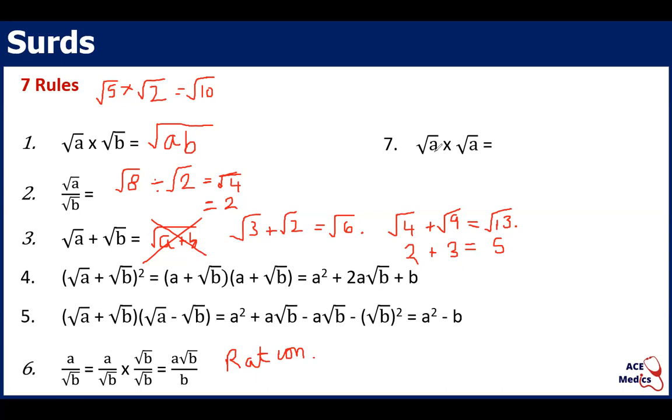root A. When something is multiplied by itself, we get rid of that root. It just is A. If I have root 5 times root 5, that's just 5, because root 5 times root 5 is root 25. We know that from doing our rule here.